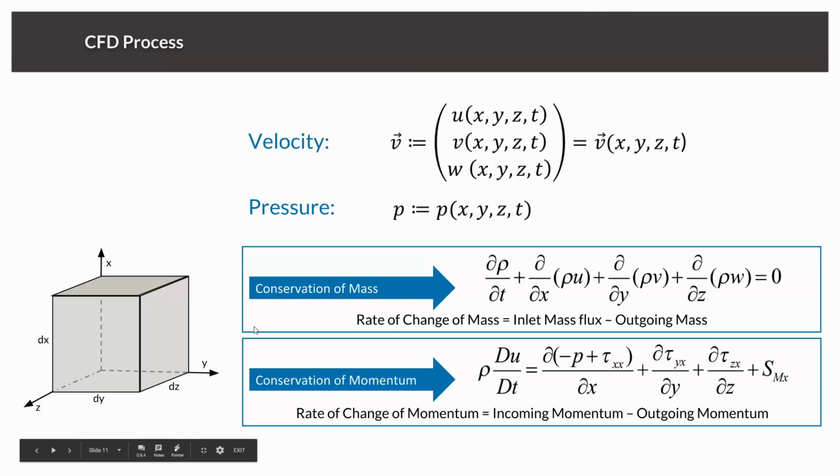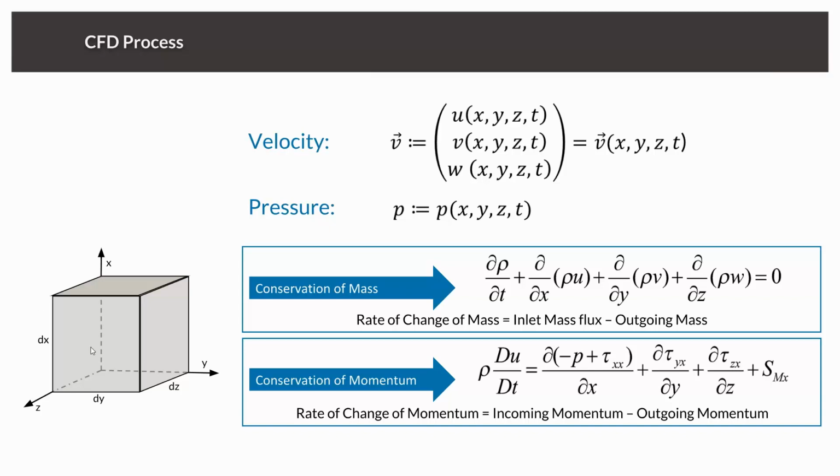So we are dividing our fluid domain into a lot of small cells, small elements, and for every one of these cells we will get one velocity vector and one pressure value.